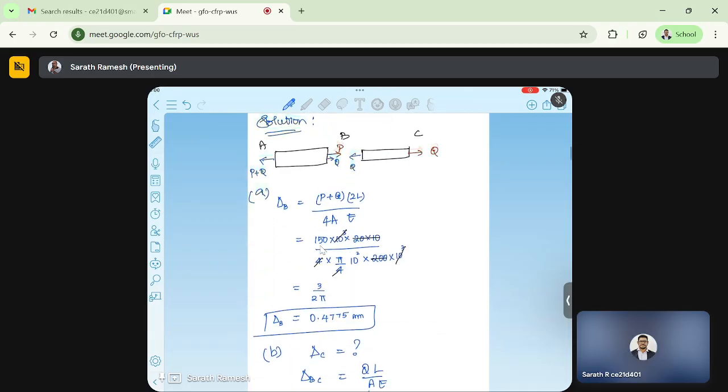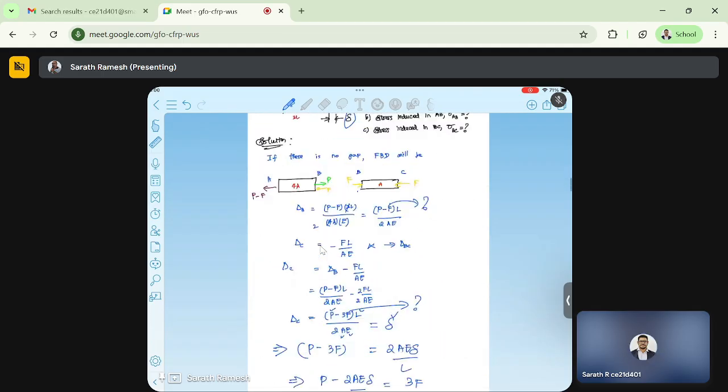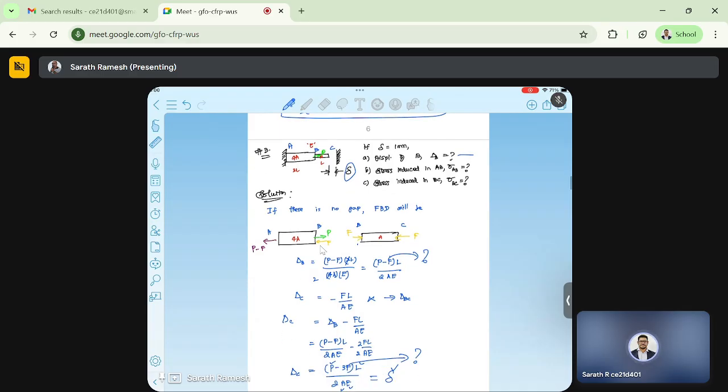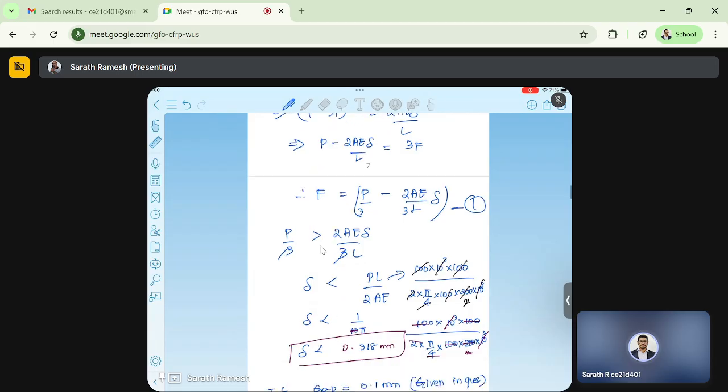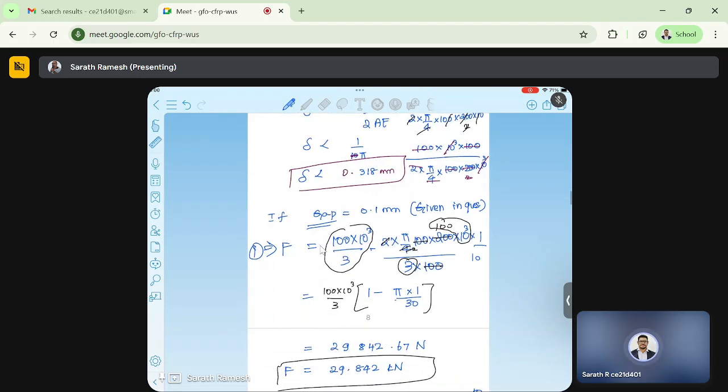That's the order. And what else did we see? We saw how, if there is a gap, the usual procedure that we follow is we assume there is no gap and we equate the displacement at the end with the gap.